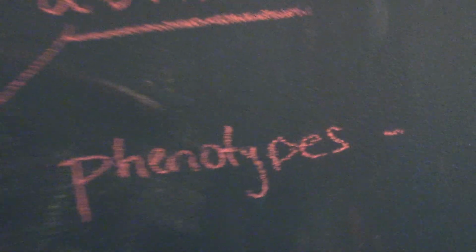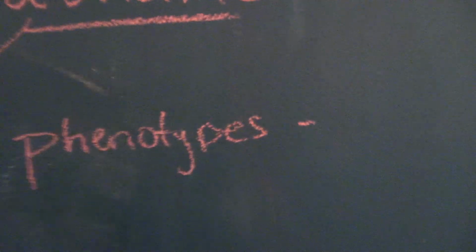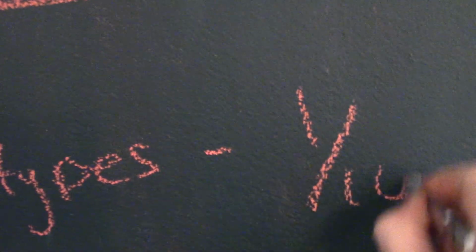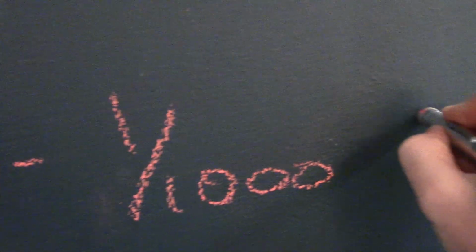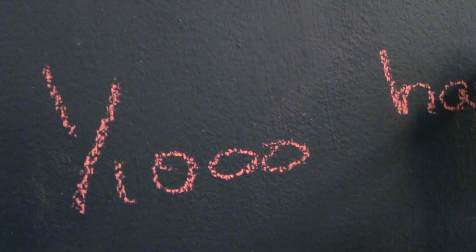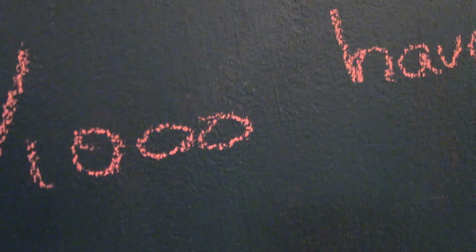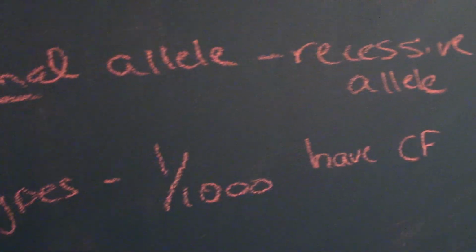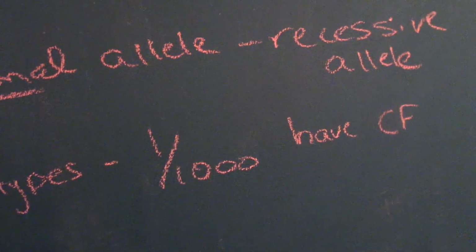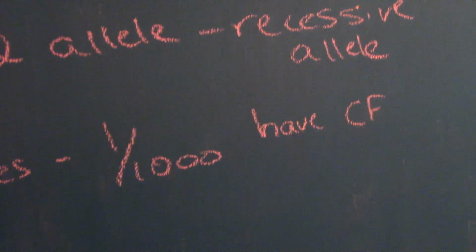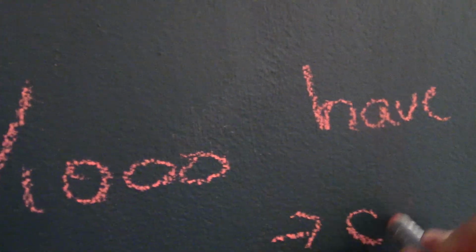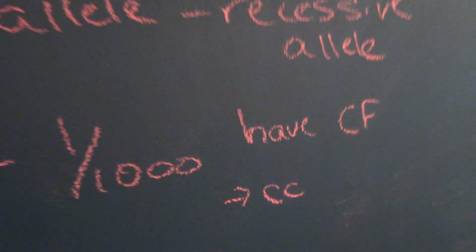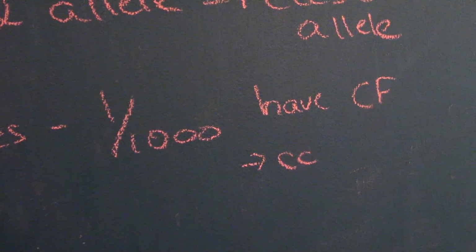Right, so let's say, for example, 1 out of 1,000 individuals in a population have cystic fibrosis, so have CF. Now, cystic fibrosis is a recessive trait, so you have to have 2 copies of a recessive allele. So you have to have little c in order to have CF.